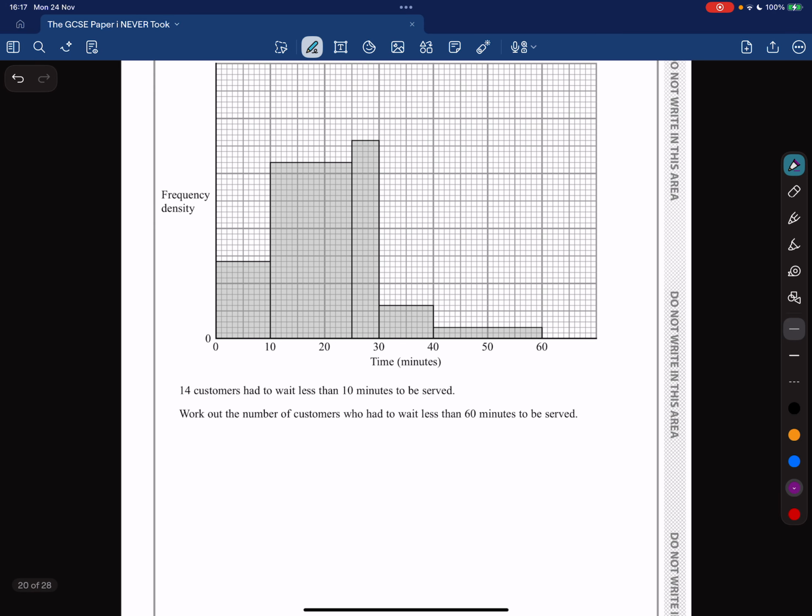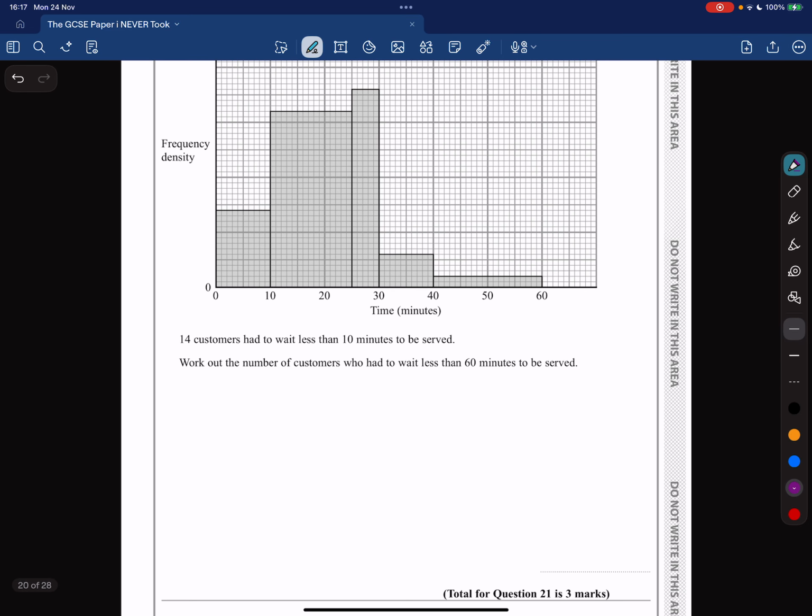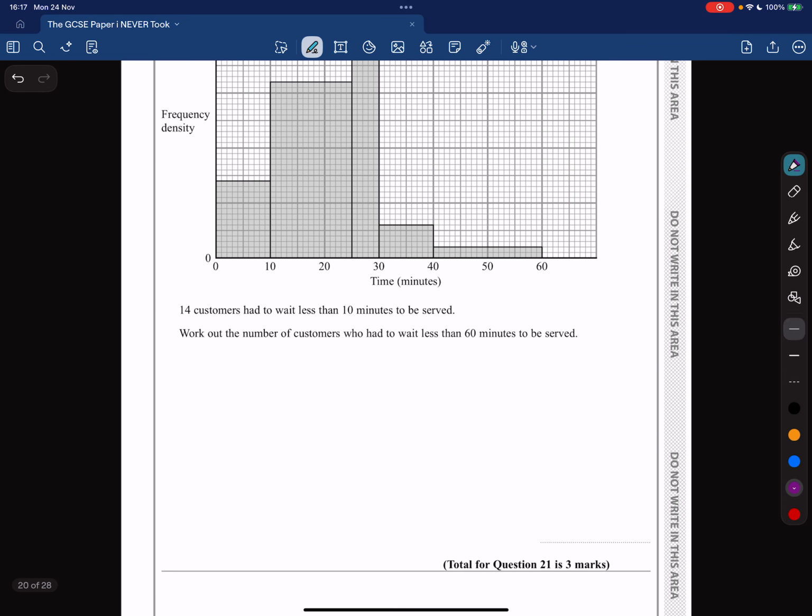14 customers had to wait less than 10 minutes to be served. Okay, cool. Work out the number of customers who had to wait less than 60 minutes to be served. Okay, so I'm trying to think what the equation was now.